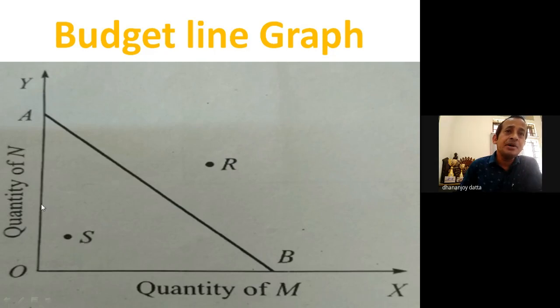If the consumer follows this budget line, you can see the cursor, it is not desirable by the consumer, because the consumer can purchase with that particular budget only up to this much product. On the AB budget line the consumer can purchase, and this is basically the feasible set.